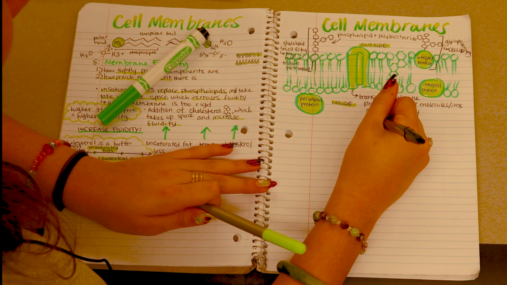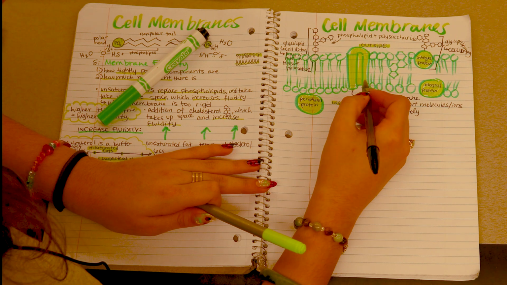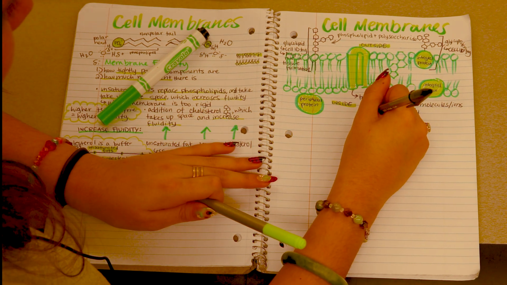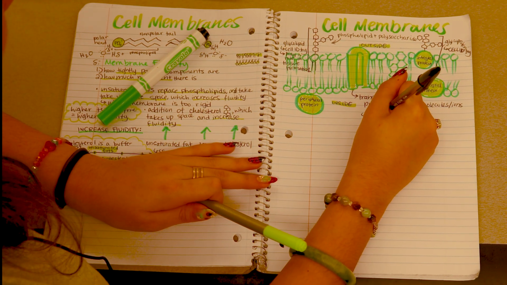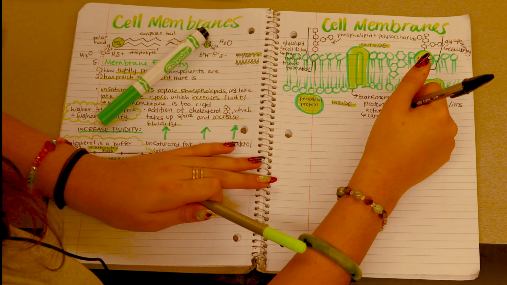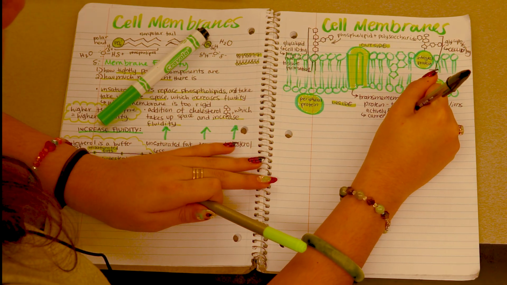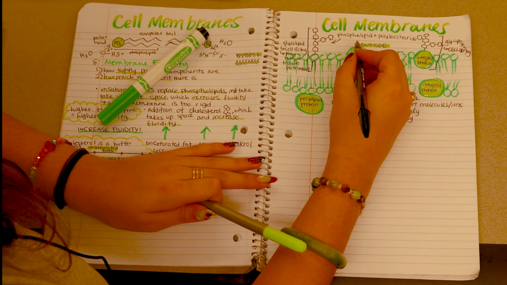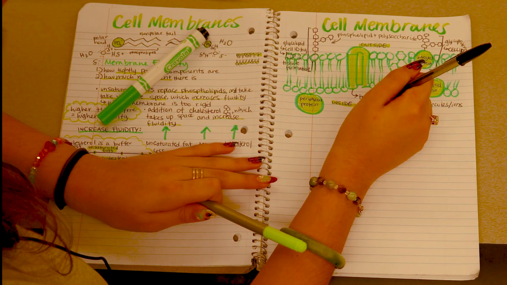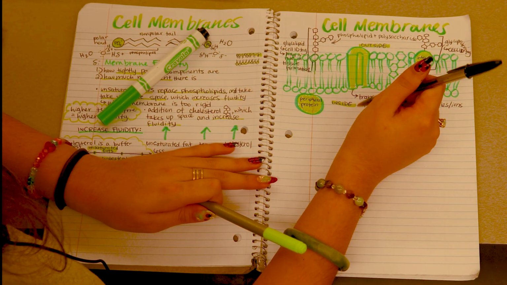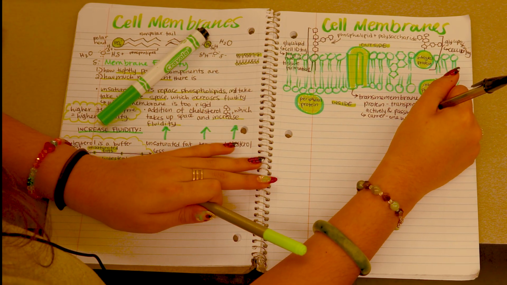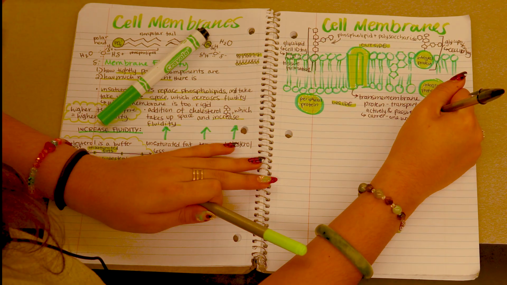Okay, so there are 3 types of transmembrane protein. I don't know what this one is, but it could be a carrier, which is one way. A carrier will send an ion or something one way. So maybe it only pumps from outside to inside. And it has binding sites.